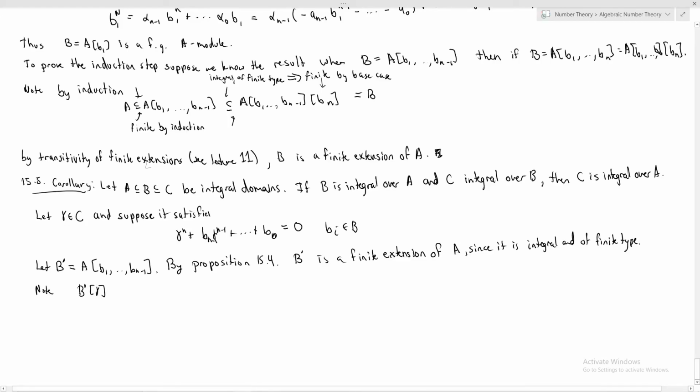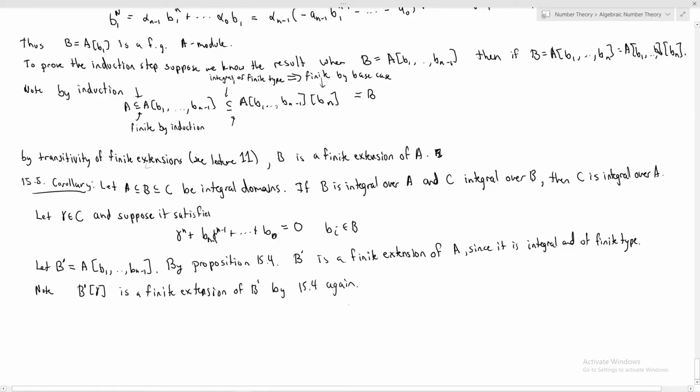So what happens when I do B prime adjoin gamma? This is finitely generated. So I'm going to apply proposition 15.4 again. This is a finite extension of B prime. Why is this? By 15.4 again.